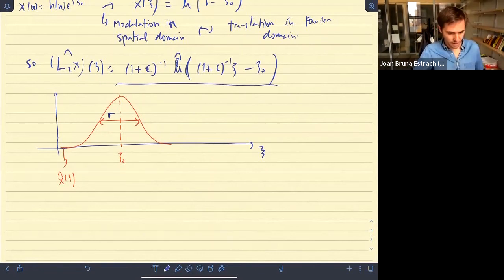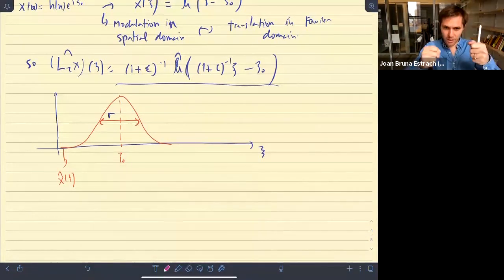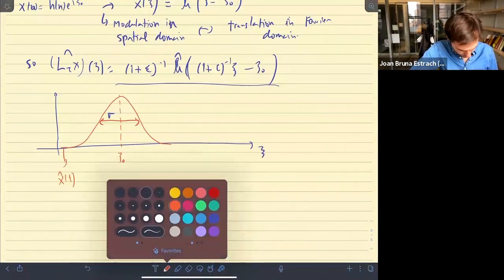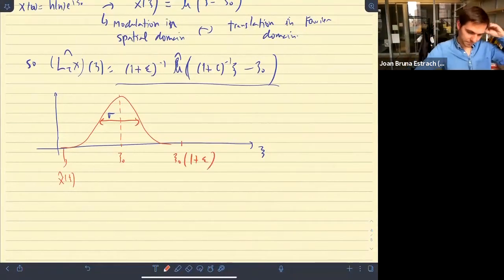From being this sigma to a function where the bandwidth has been expanded by sigma times 1 plus epsilon. And also, what is the central frequency? If you look at this formula here, we can see that it also has moved. So now the central frequency is psi 0 times 1 plus epsilon, right? And the bandwidth has also moved.